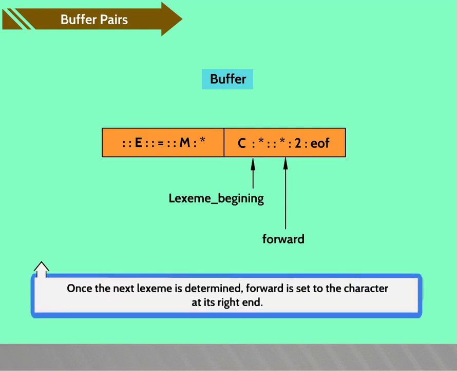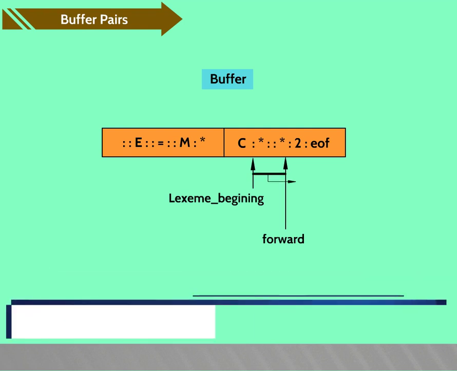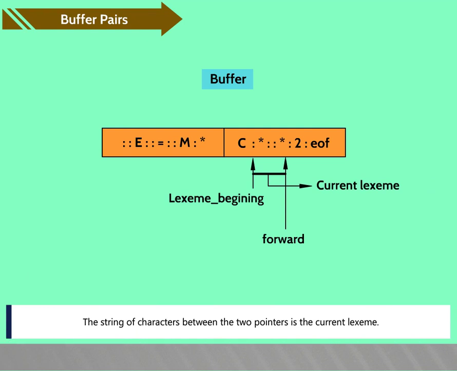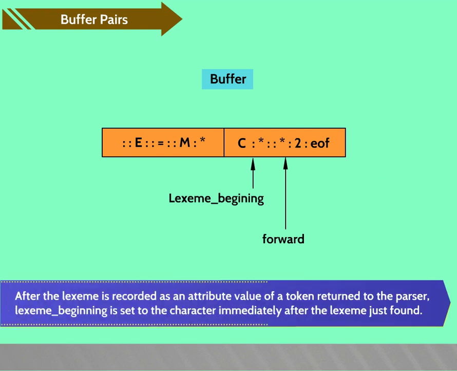Once the next lexeme is determined, forward is set to the character at its right end. The string of characters between the two pointers is the current lexeme. After the lexeme is recorded as an attribute value of a token returned to the parser, lexeme_beginning is set to the character immediately after the lexeme just found.